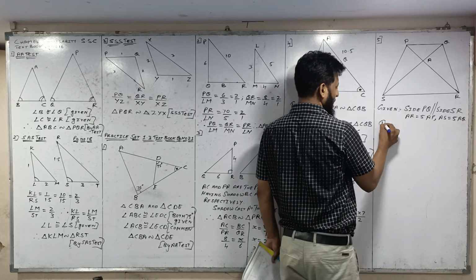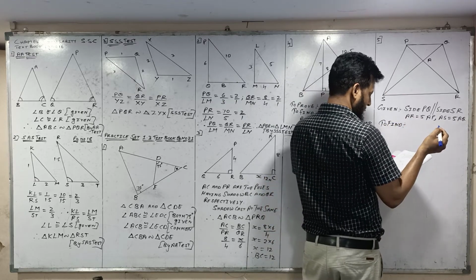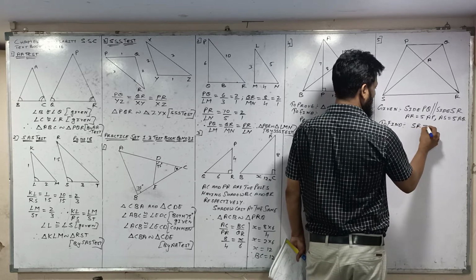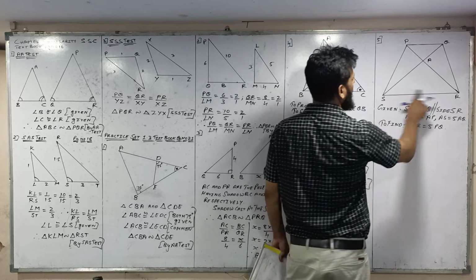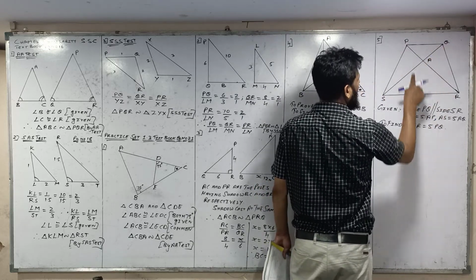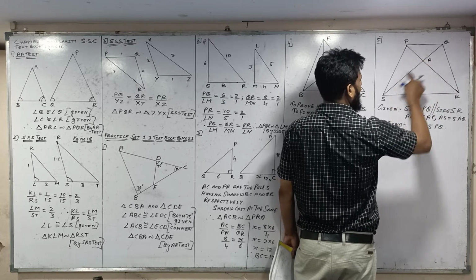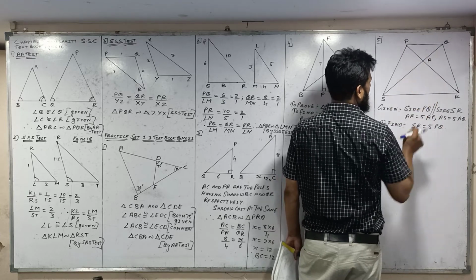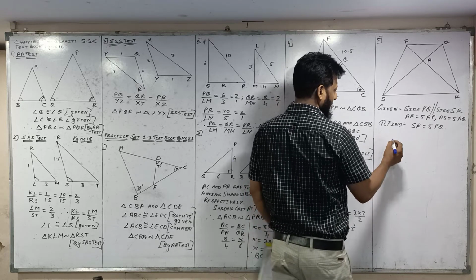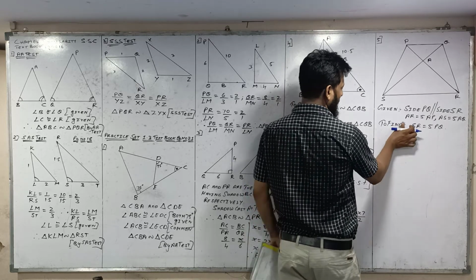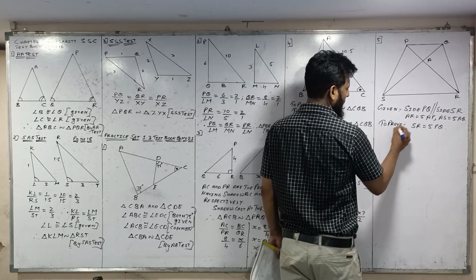What you have to find: SR is equal to 5 times PQ. Given AR is 5 times AP and AS is 5 times AQ. So in this we are finding the value to prove, so we are proving it.